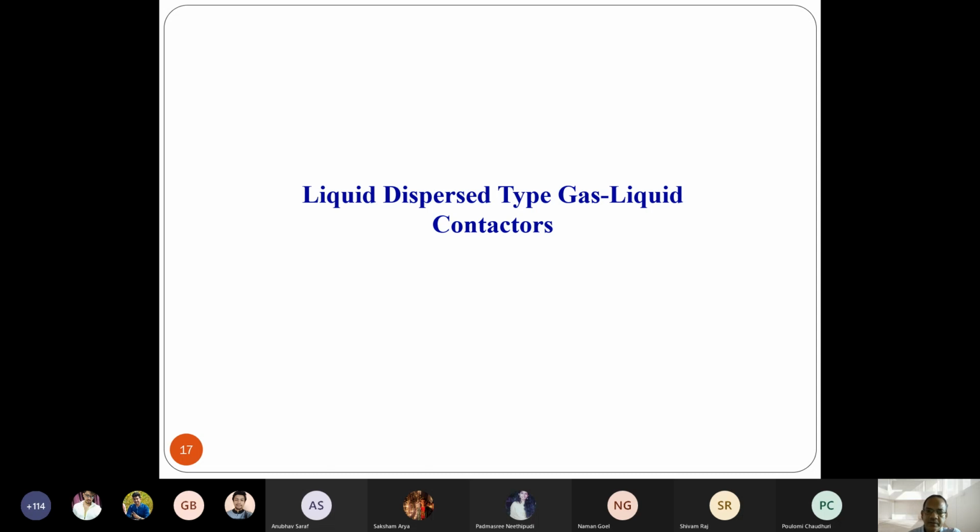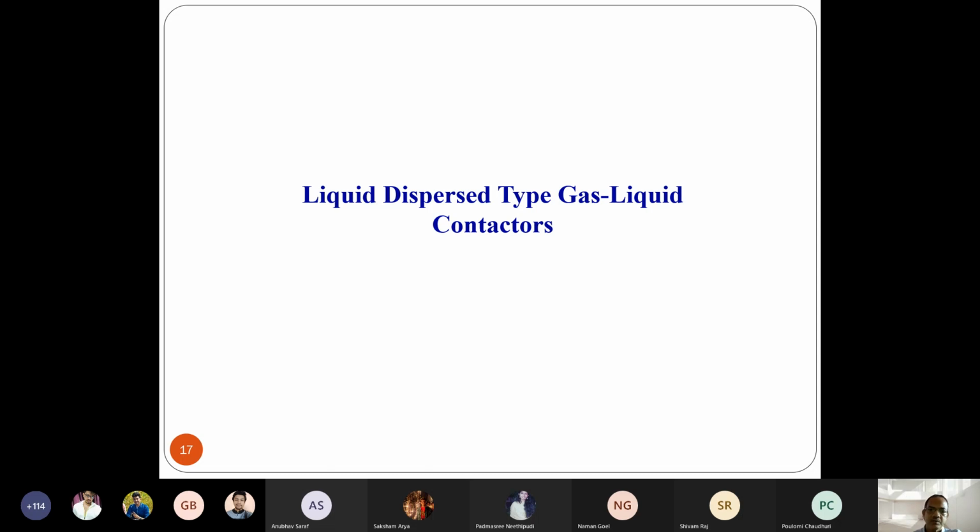The first category is the gas dispersed type, and the contactors belonging to this are the mechanically agitated contactor, the sparged vessels or bubble columns, and the most important and widely used gas dispersed type gas liquid contactor, the tray tower.